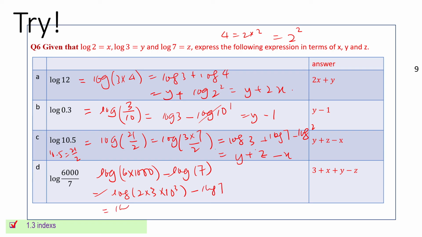So log 2 plus log 3 minus log 7 plus log 10^3. Sorry, it's a plus. So we have 3 plus x plus y minus z.